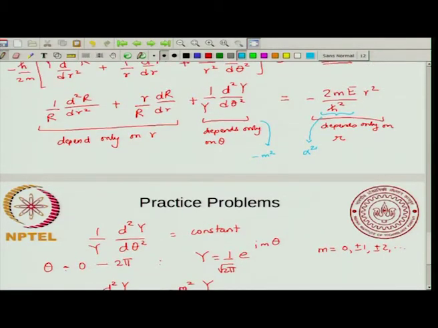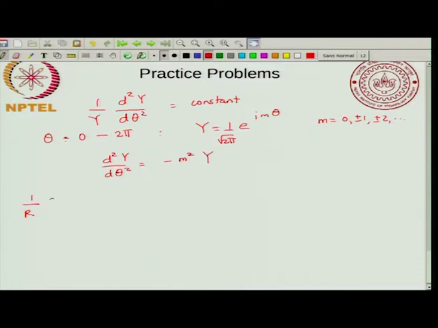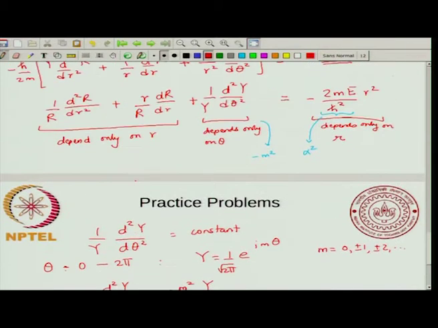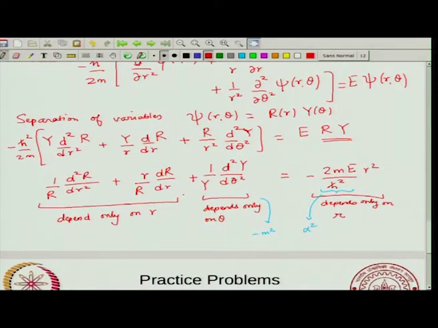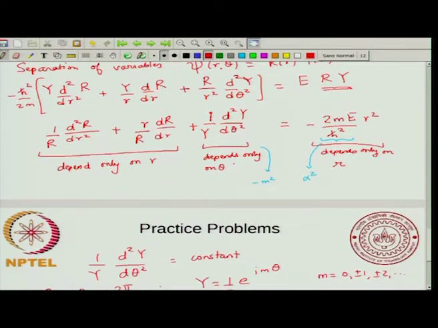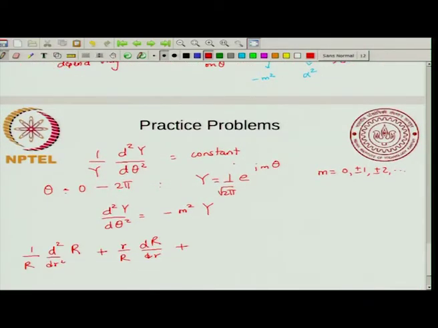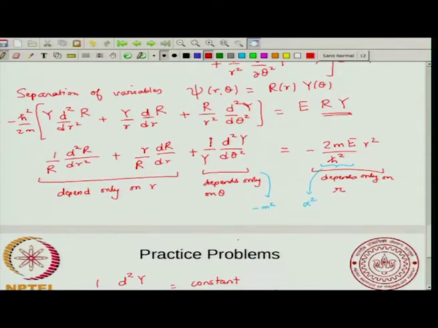So this equation I can write as 1 by r d square R by dr square, plus what I have is 1 by r dR by dr, so that will be as it is, and then this quantity is just minus m square by r square, and I'll bring the alpha square to this side.